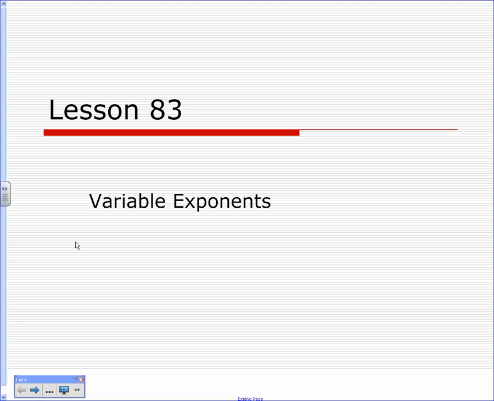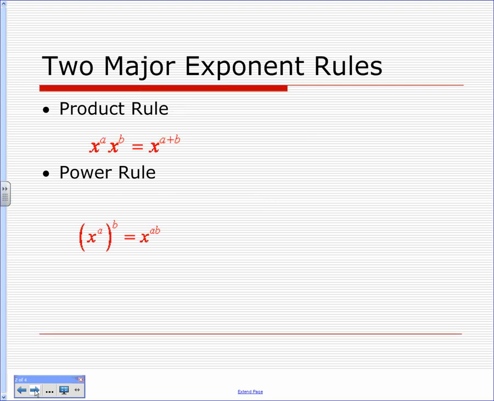We're looking at variable exponents. Product rule: if you have x to the a times x to the b, do you remember what you do with your exponents? You add them, x to the a plus b. We're going to be using that rule. And then we're also going to use the power rule. An exponent raised to something, a power raised to a power.